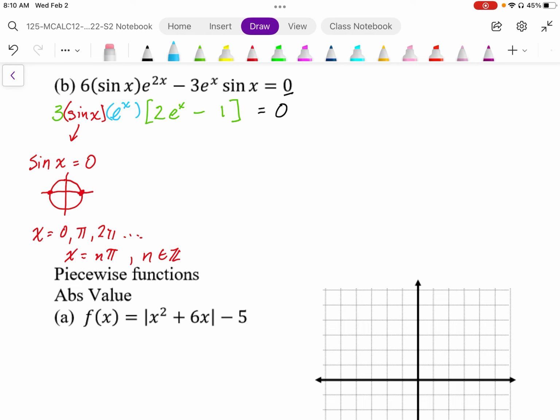Then I can move on to the e to the x. Well, e to the x again, that's an exponential expression. e to the x is never equal to 0. It never crosses that x-axis, so there's no solution.